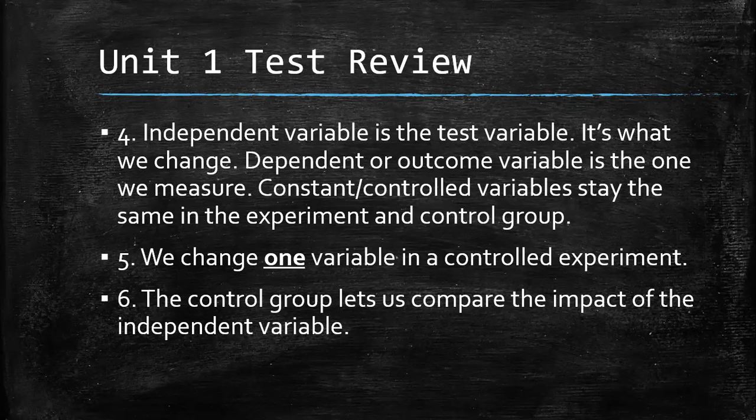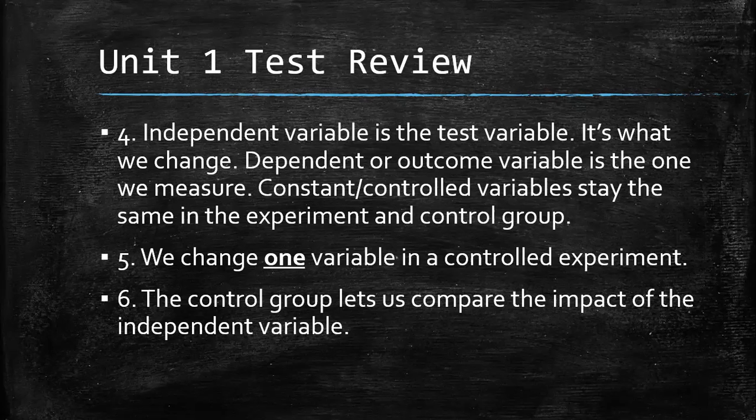You might have 0 milliliters, then 5 milliliters, then 10 milliliters. You are changing that, you are testing that. Now, how you're measuring something is your dependent or outcome variable, which is influenced by that independent variable. So if you add different amounts of water and you're trying to see the impact on plant growth, plant growth would be your dependent variable.